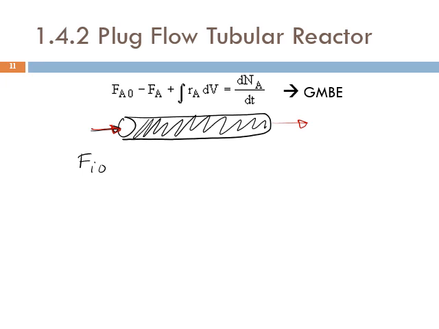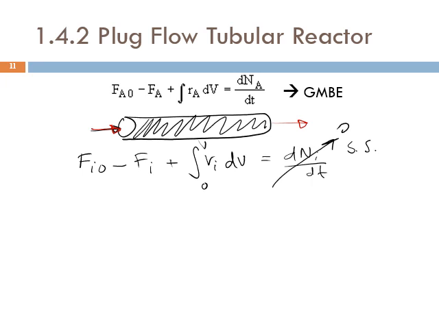So we have the input Fi naught to the whole reactor, minus output from the whole reactor, plus the generation inside the whole reactor, so that's from 0 to V, equals the accumulation in the whole reactor. Of course it's operated under steady state, so no accumulation.